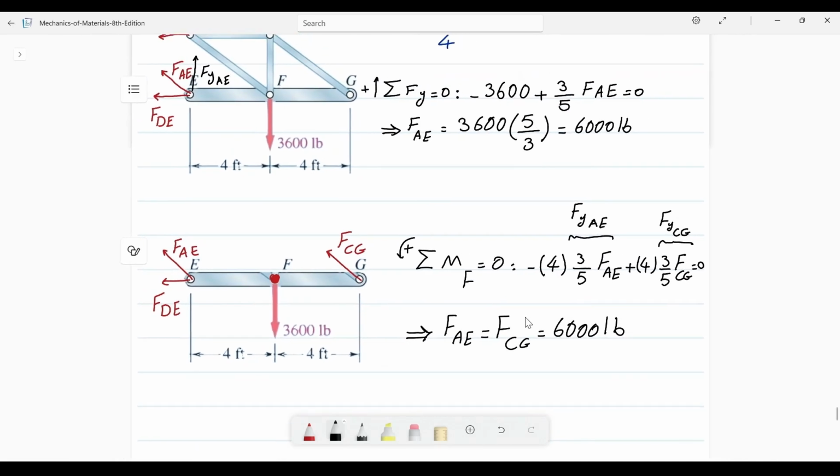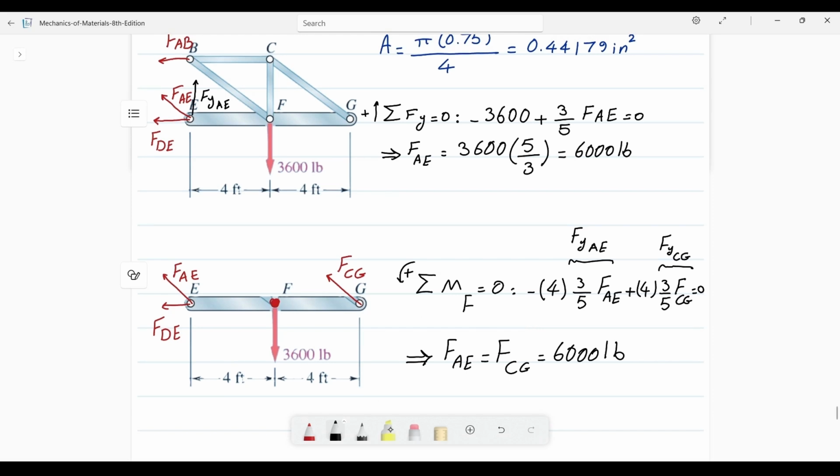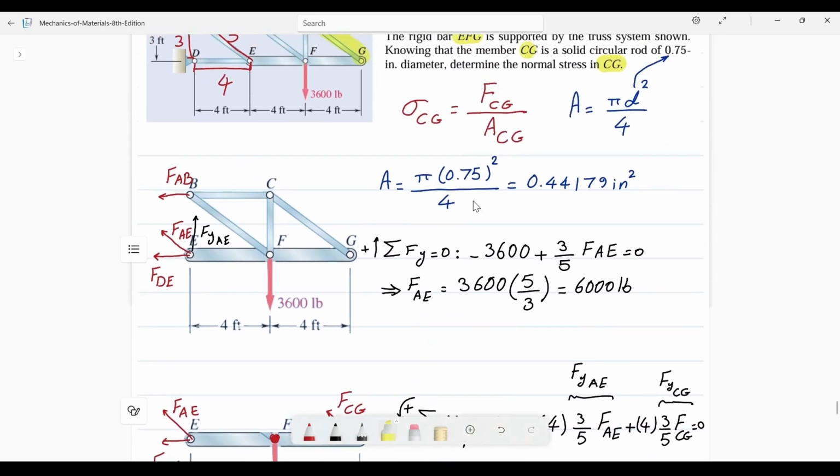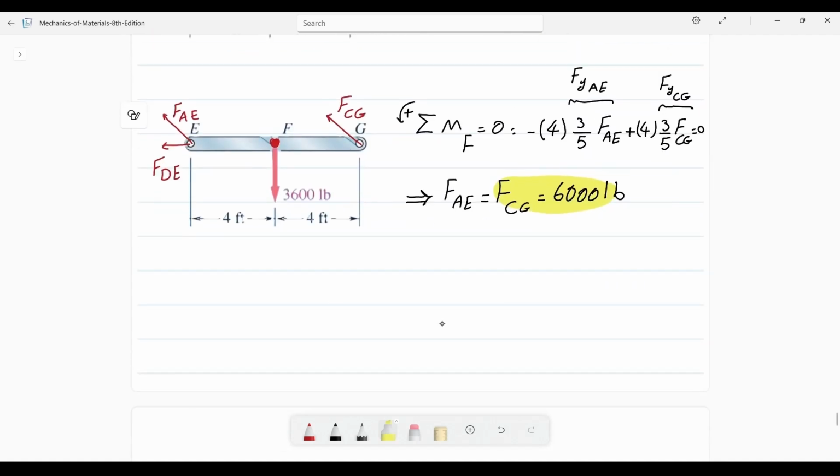Now we have FCG here and ACG here, and know the general formula: stress CG equal FCG divided by ACG. We write it here: stress CG equal FCG divided by ACG.